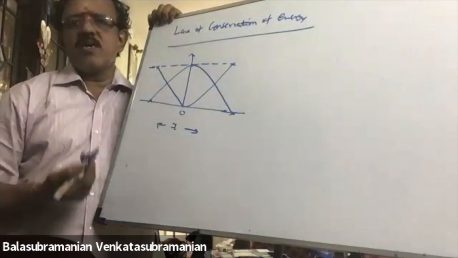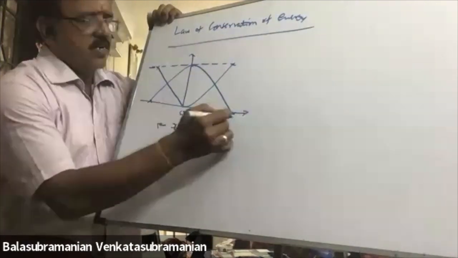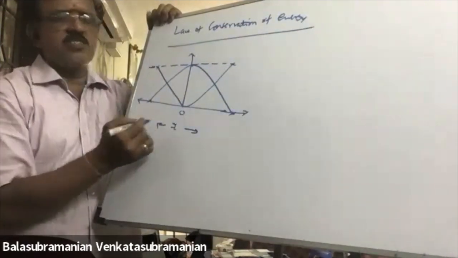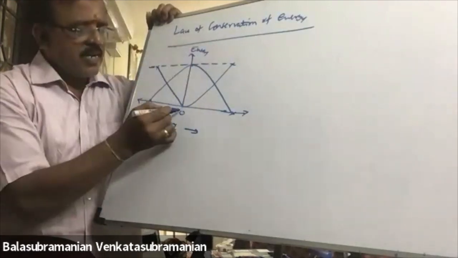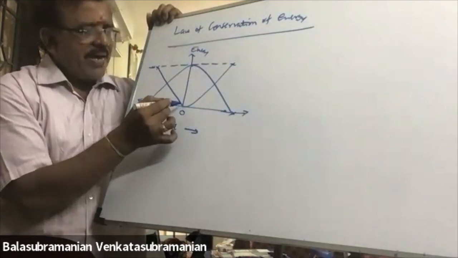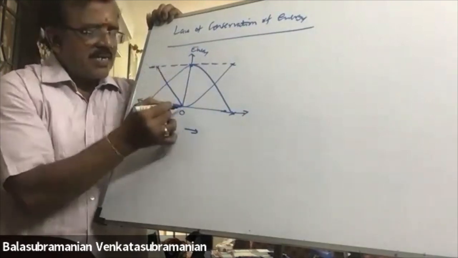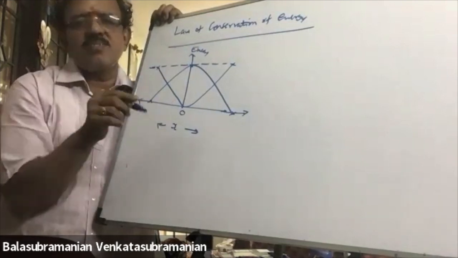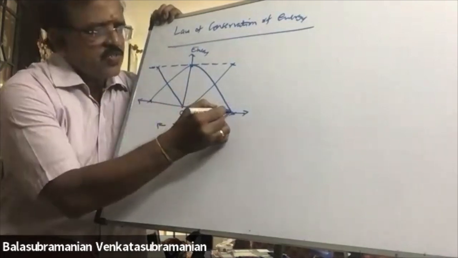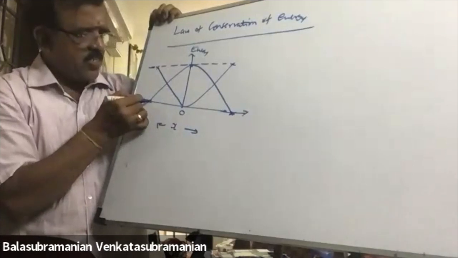What is the meaning, sir? What you are drawing is the graph between energy and displacement. This is displacement. This is energy. Energy is maximum at the equilibrium position, the center.